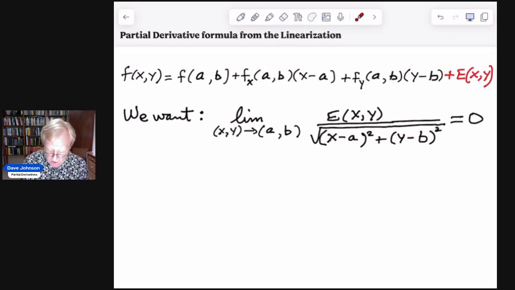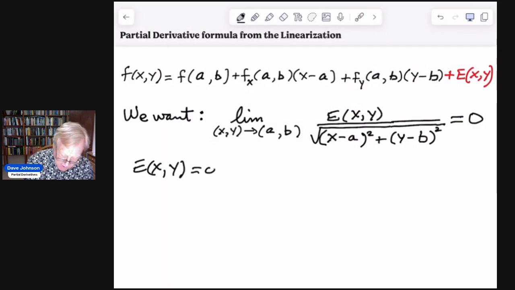And so for our purposes, we're going to assume that for x, y close to a, b, we're going to set this error term equal to zero. So let me go ahead and do that. We're going to say that the error of x comma y is equal to zero. And what that implies is, now let me go ahead and solve.